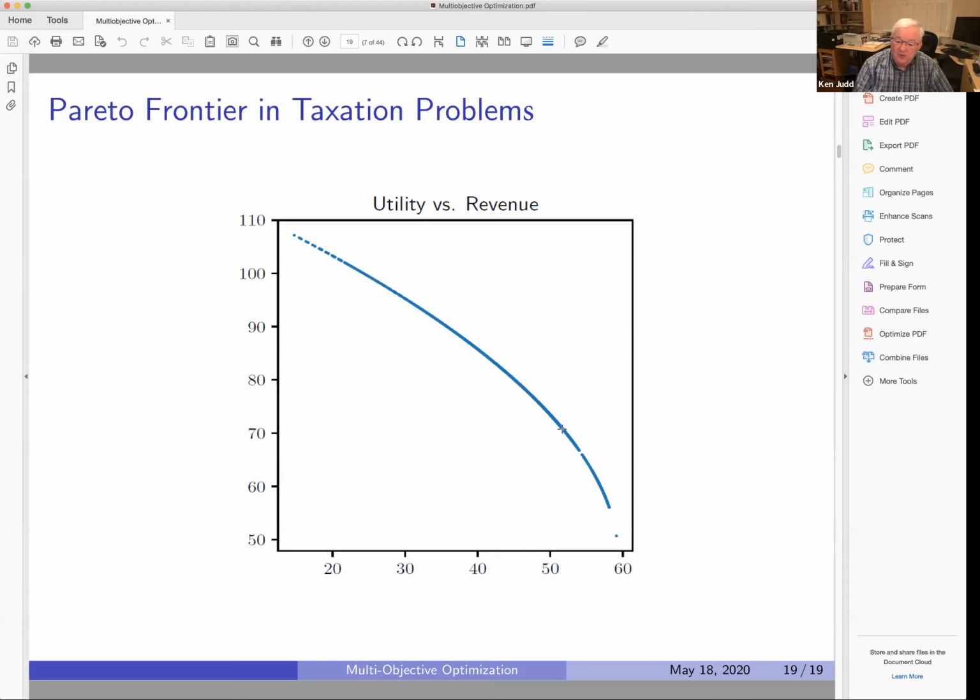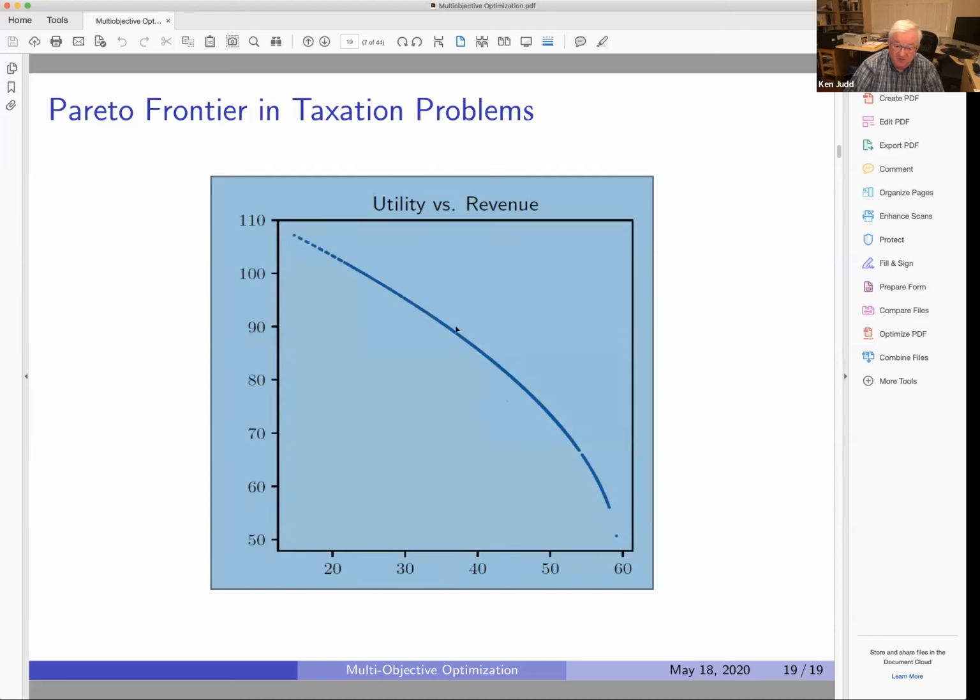Once I have that, if I want to find the best thing if the target revenue is 40, I just find that point right there, and then look at computer memory to see what the tax policy was that got us to that point. So solving one of these tax problems is hideous and difficult. Solving a continuum of them, looking at all the various policies and various revenues, is easy.